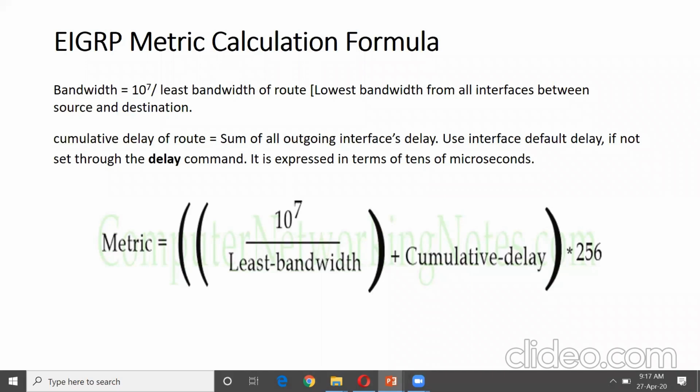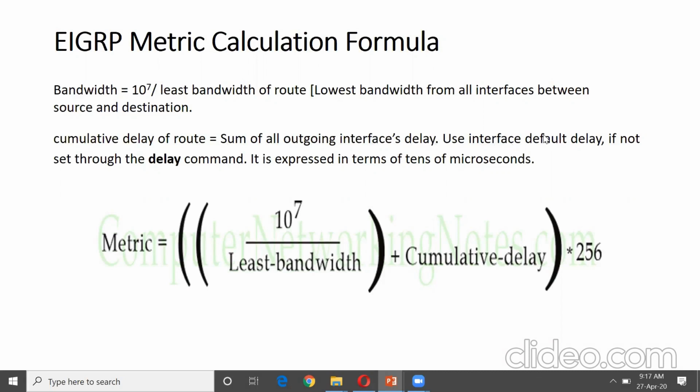Then 10^7 divided by least bandwidth plus cumulative delay. That particular destination may be 2-3 hops away, so we need to consider the delay of each outgoing interface. So cumulative delay of route is the sum of all outgoing interfaces' delay.